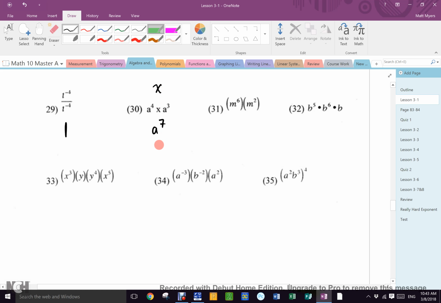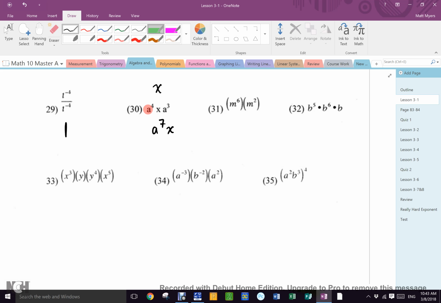If you did think it was another variable, that's a to the 7th with an x afterwards. Because the a's would go together because they're the same base, depending on how you read that. M to the 8th, B to the 12th, which is a very important vitamin that most of us are lacking, B12.